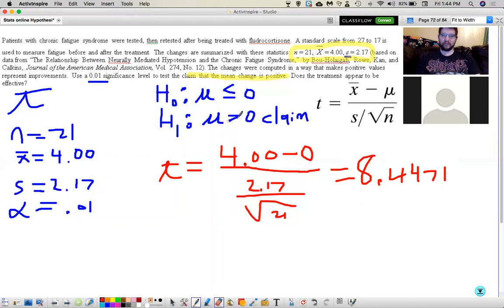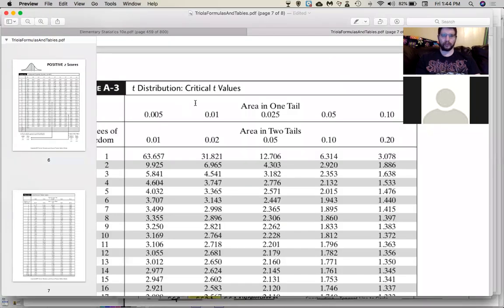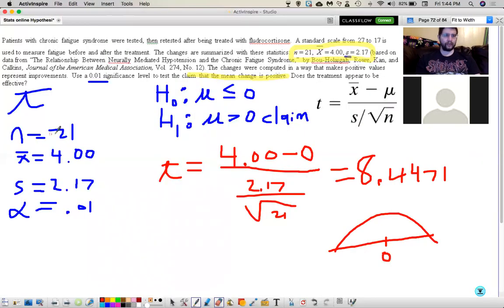It's greater than, it's a right tail. I'm pretty sure it's going to be in the rejection region, regardless of what alpha we use. But let's just draw it and make sure. So there's my center. Let me find out what one tail alpha 0.01 corresponds to. T distribution, okay, one tail 0.01 for alpha. How many degrees of freedom do I have? N is 21, so I have 20 degrees of freedom.